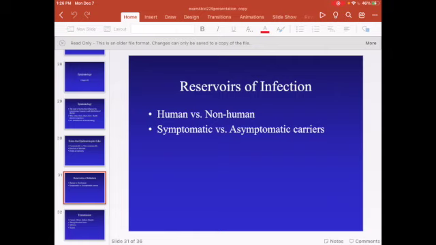Asymptomatic carriers are a huge problem because there appears to be a lot of transmission of COVID through asymptomatic carriers. People who think they're fine, who are like, I had a test 2 weeks ago and it was negative.